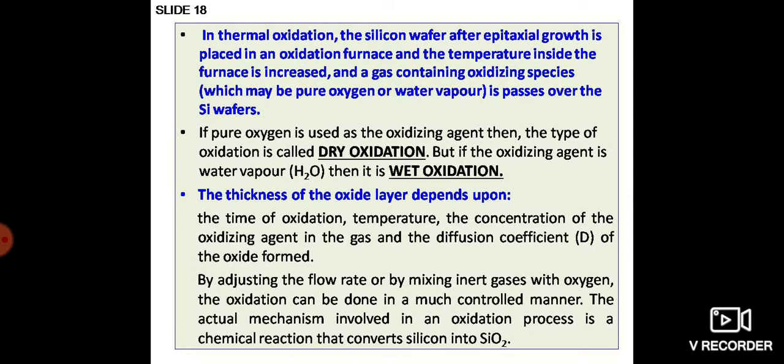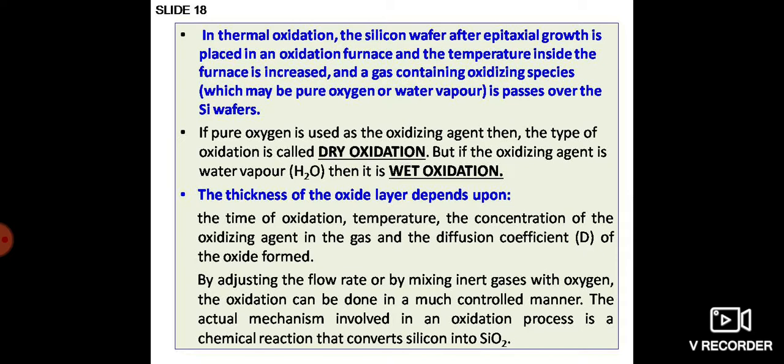The thickness of the oxide layer depends upon the duration or time required for oxidation and the temperature at which the oxidation is carried out. Besides this, the thickness of the oxide layer can also be controlled by controlling the concentration of the oxidizing agent in the gas mixture.